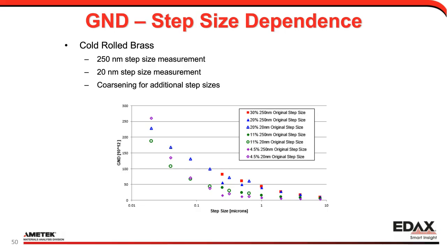So there are 4 different scans here: 30%, 20%, 11%, 4.5% cold work. And then you can see that the measured GND from our EBSD measurements goes up as the step size goes down. And so it's clearly step size dependent.